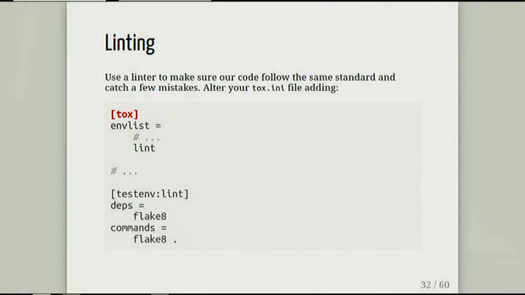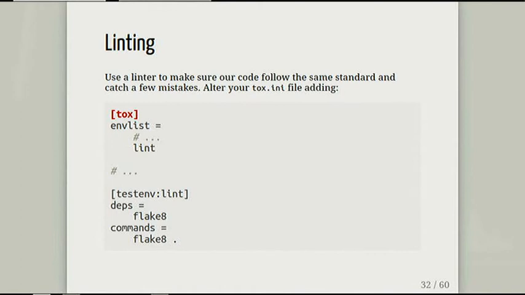Linting is to test your code structure, testing that the patterns that we are using, the way you are structuring your code, is correct, like that you're not importing a variable and not using it, that you're not using camel case, or other more structural issues with your code.